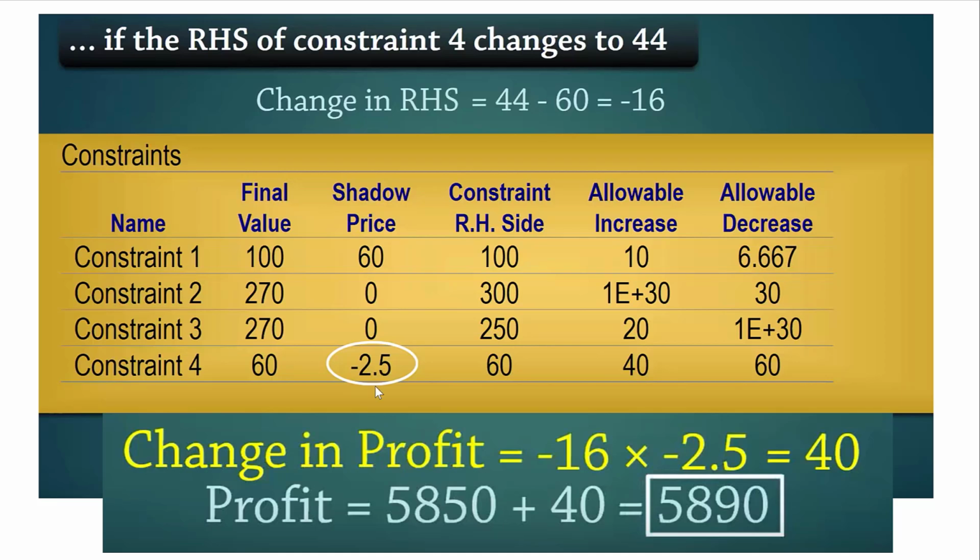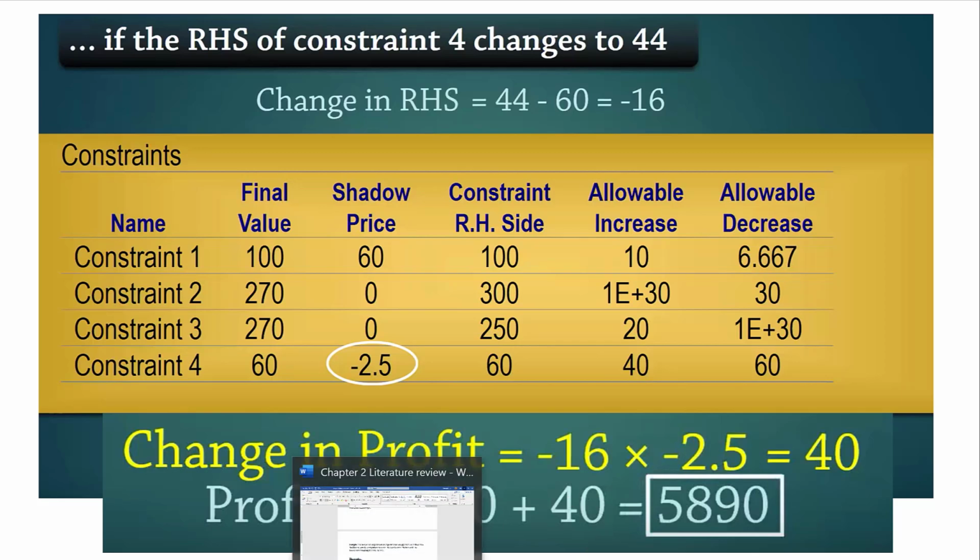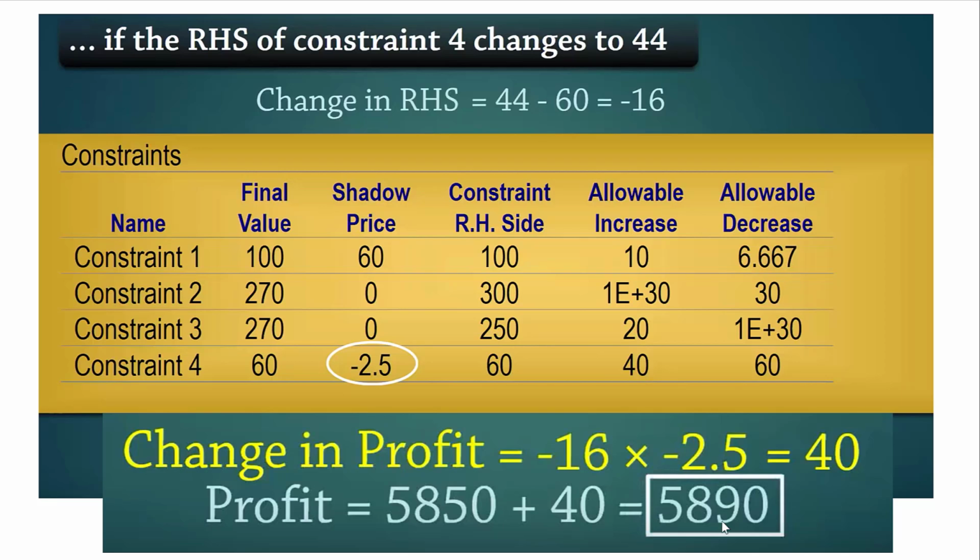The shadow price here is minus 2.5, so the change in the profit will equal 40. The old profit is 5,850 plus the change in profit of 40, so the new profit will equal 5,890.